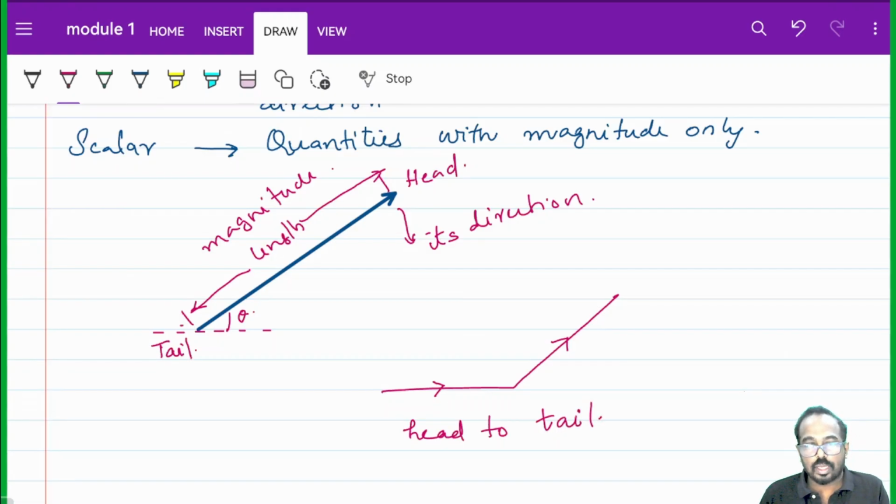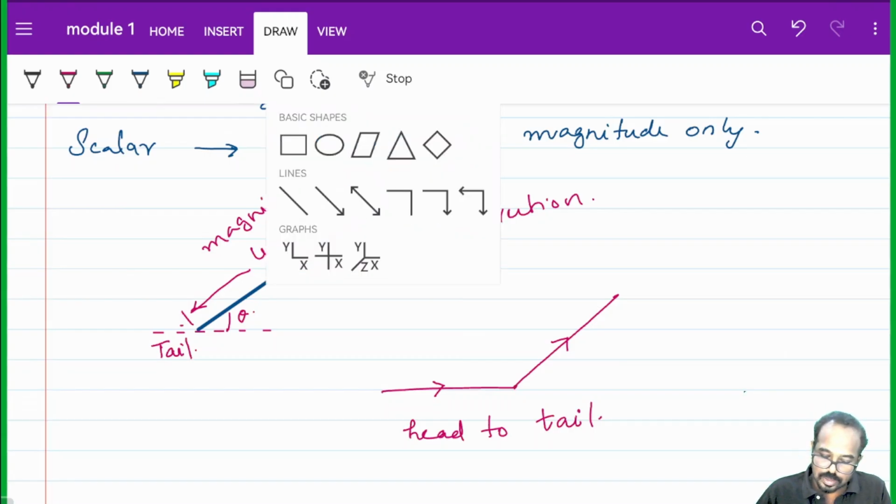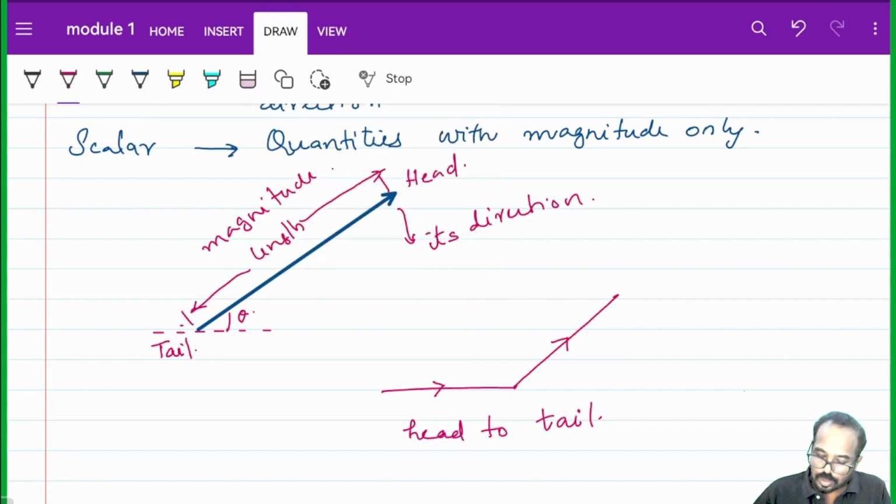When you add two vectors, you make sure that the head of one vector is joined to the tail of the other vector. Then the third side, when you join the tail of the first vector to the head of the last vector, will be the resultant of these two vectors. That means the sum of these two vectors, a plus b.